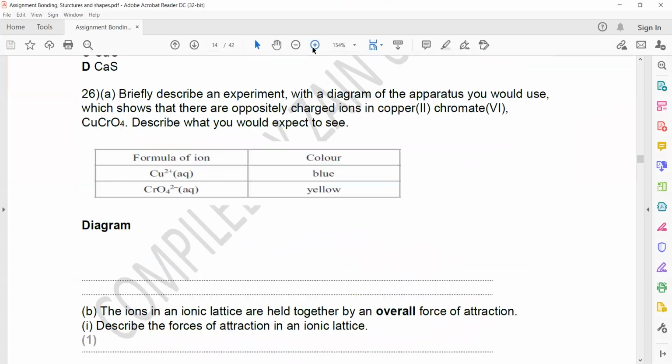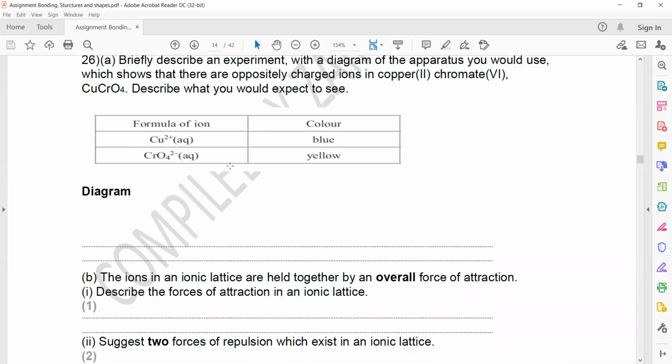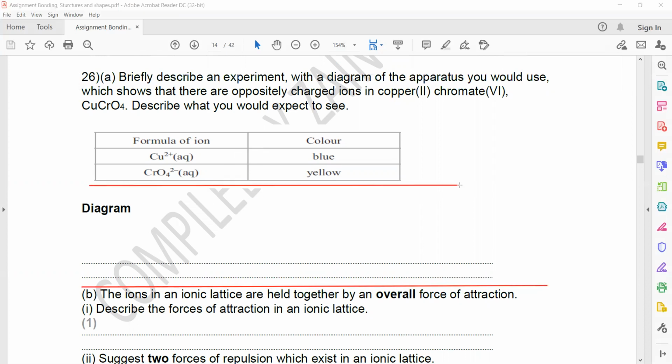In question 26, briefly describe an experiment with a diagram of apparatus you could use to show that there are oppositely charged ions in copper(II) chromate. The copper ion is blue in color and the chromate ion is yellow in color. So what we can do to show this is use electrolysis.